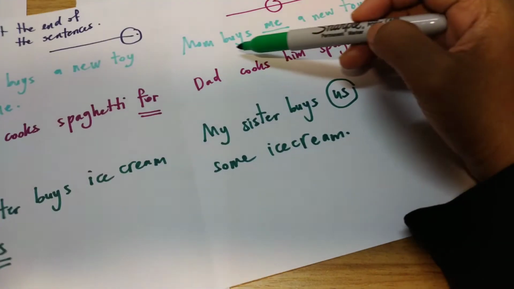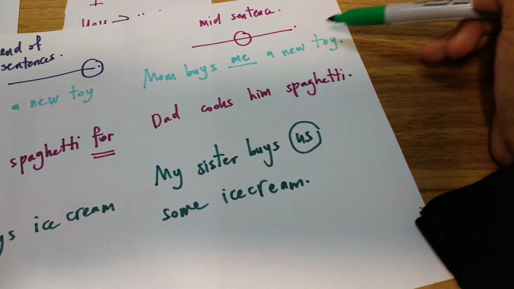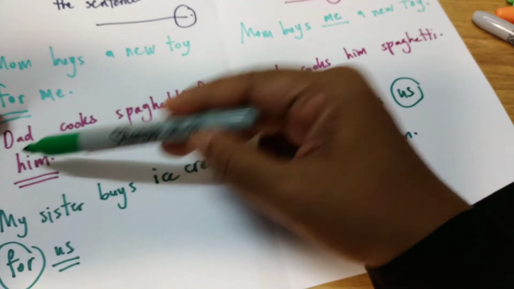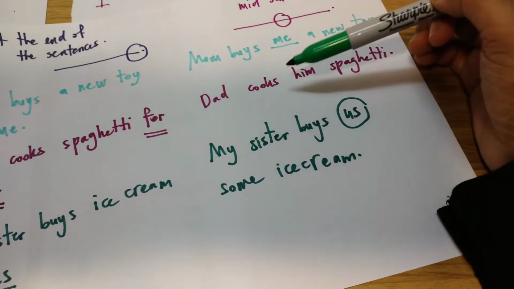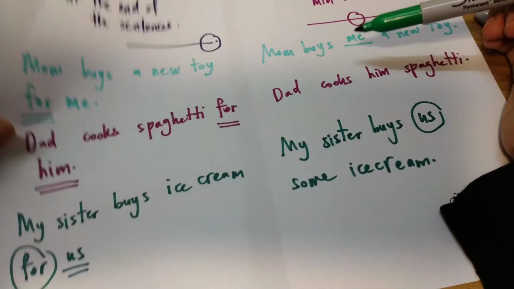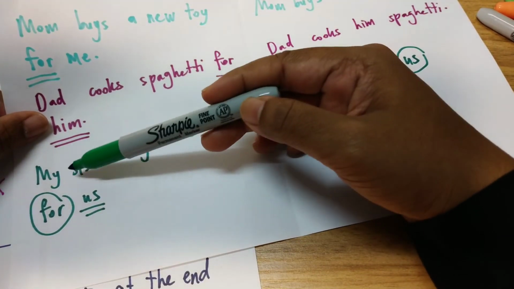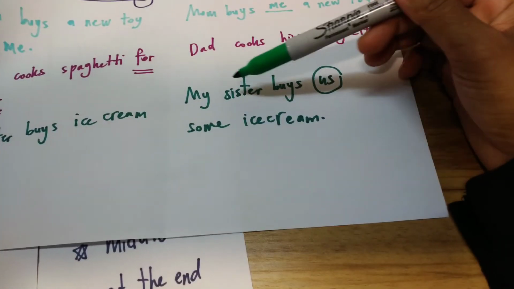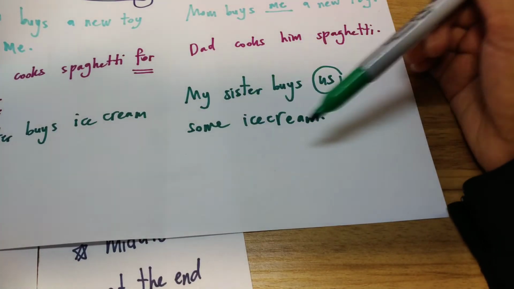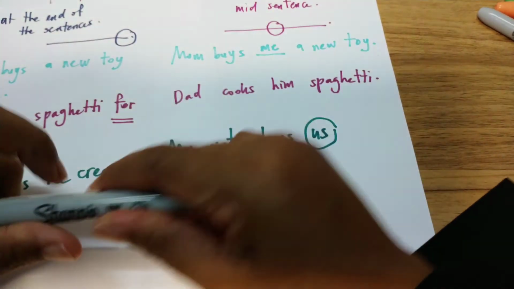Mom buys me a new toy. Dad cooks spaghetti for him. Dad cooks him spaghetti. My sister buys ice cream for us. My sister buys us some ice cream.